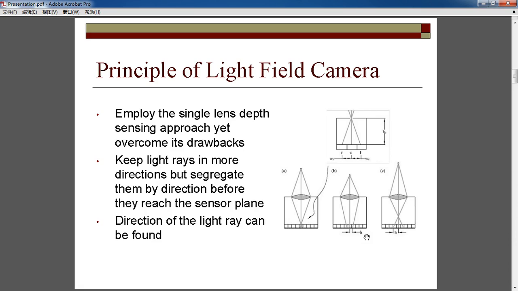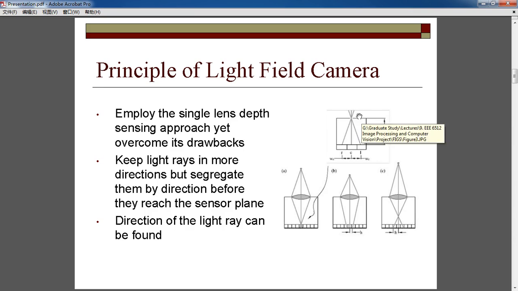The single lens approach blocks unneeded light rays to allow only one direction's light rays to reach the sensor plane. However, the light field camera keeps light rays in more directions but segregates them by direction before they reach the sensor plane.